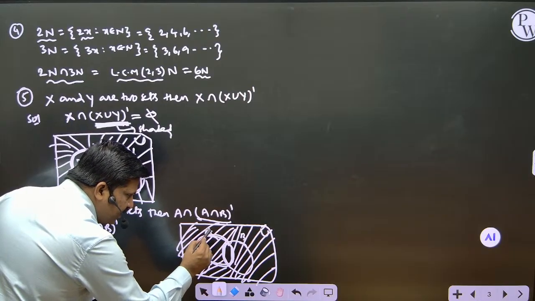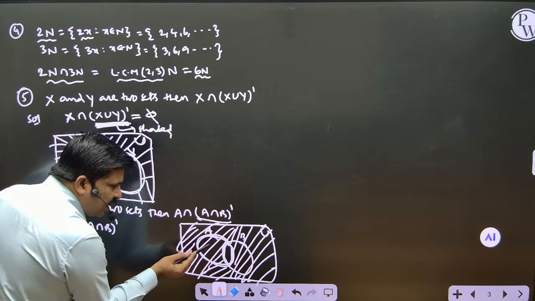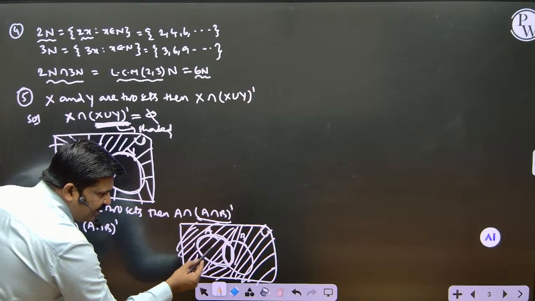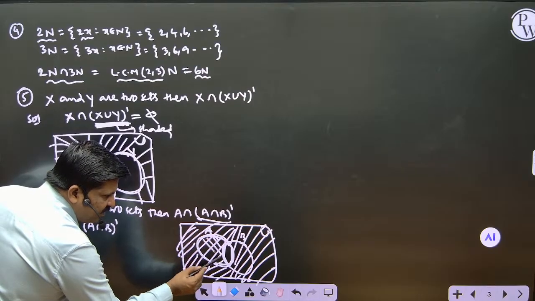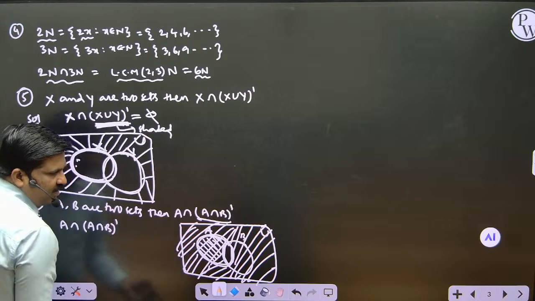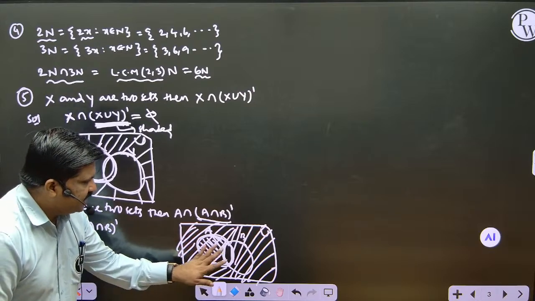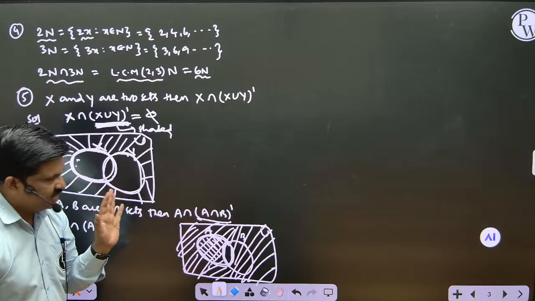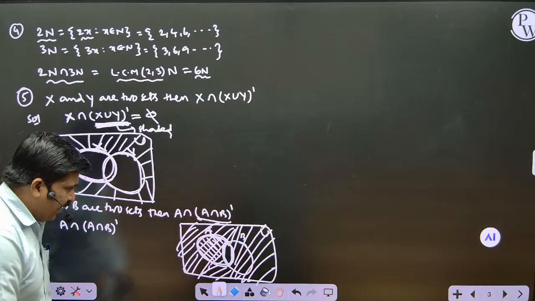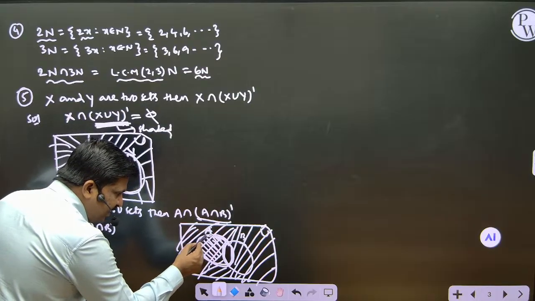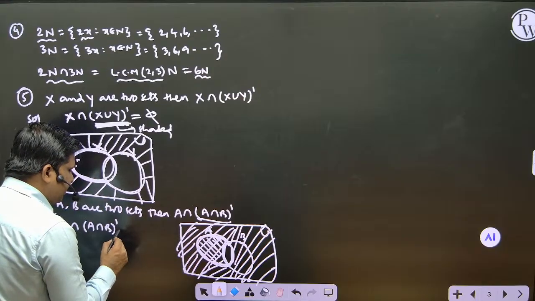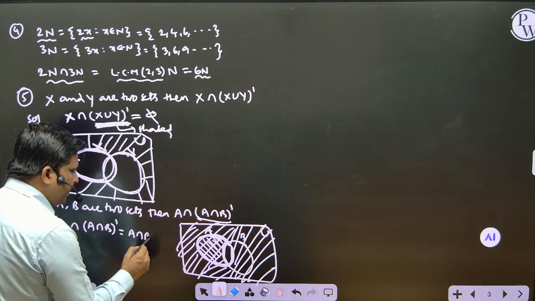This A. So when this is commonality with A, the possibility of commonality is only at this part. A intersection B whole complement is the whole part, but to that I am taking a commonality with A. We get only this part. What is that part? A, but not B.